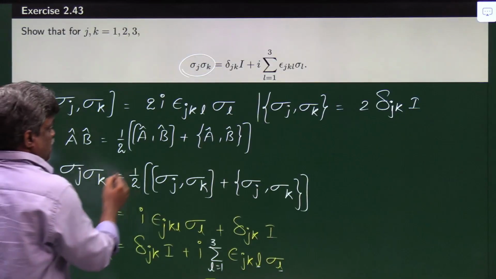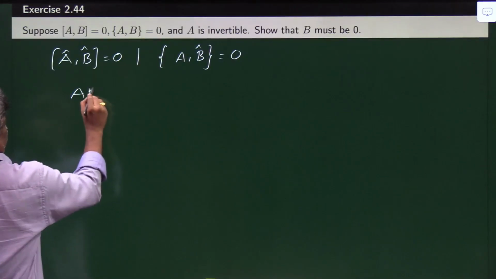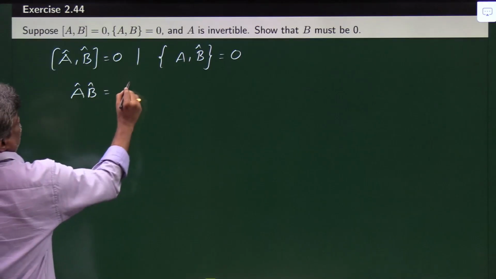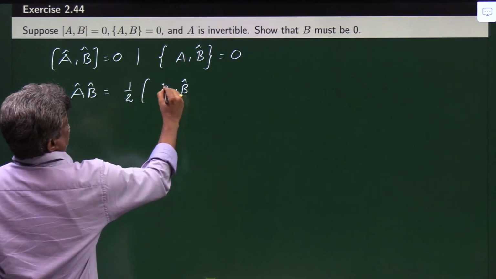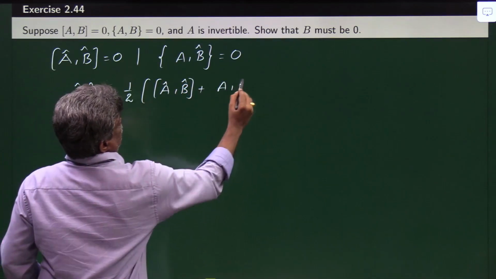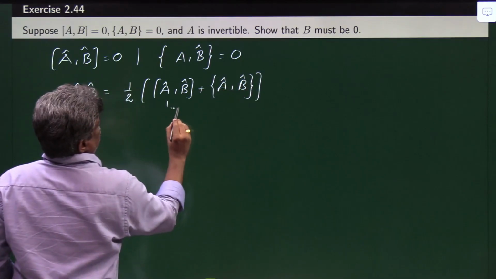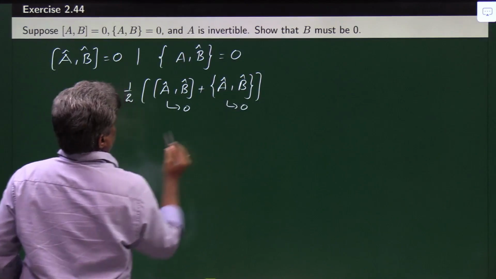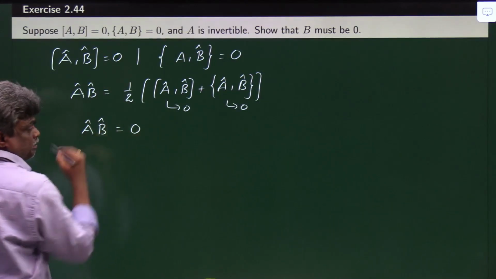Again we will use the same relation we derived earlier: the product AB equals the linear combination 1/2 of the commutator [A, B] plus the anti-commutator {A, B}. Already this is 0 and this is also 0, so we can say AB equals 0.